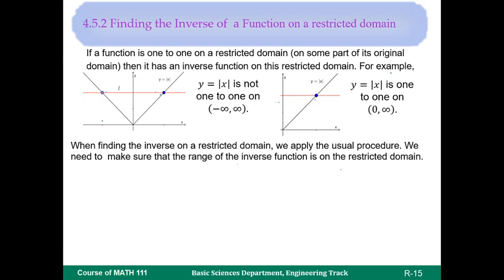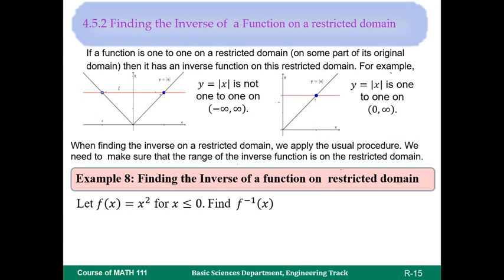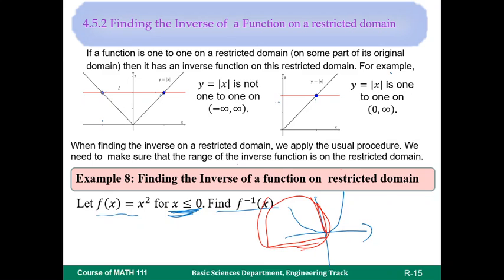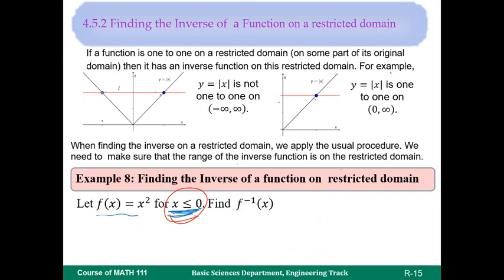So let's see it in one example here. It says find the inverse of this function, and this function is given on the negative side. So this is the x squared function. It's not one-to-one, but it says take this part only, because x less than or equal to 0 is this part here.